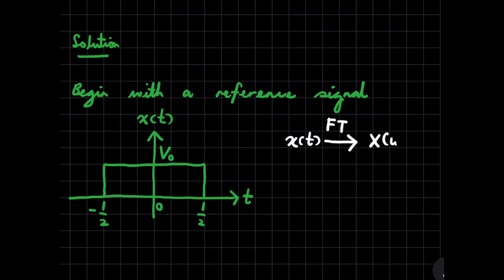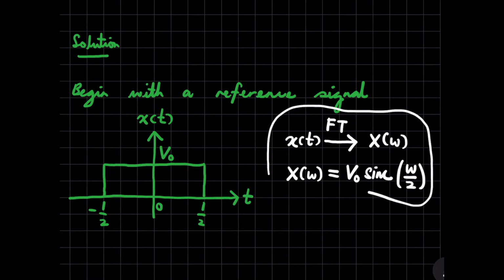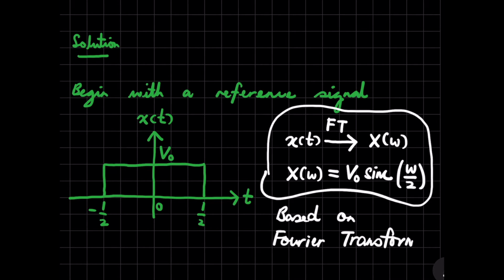Then the Fourier transform of x(t) is X(omega), and based on the signal x(t), X(omega) is equal to v naught sinc omega over 2, and this X(omega) is obtained based on the Fourier transform pairs.